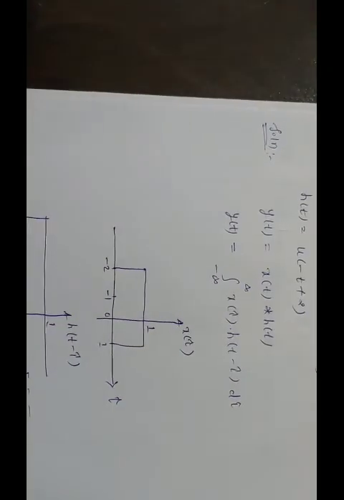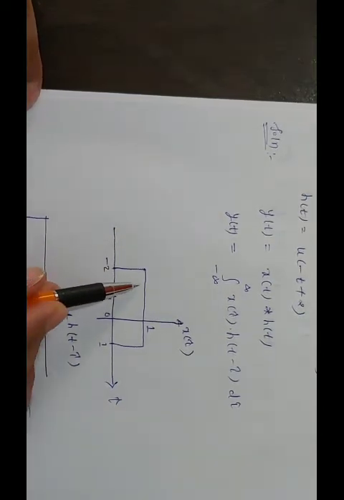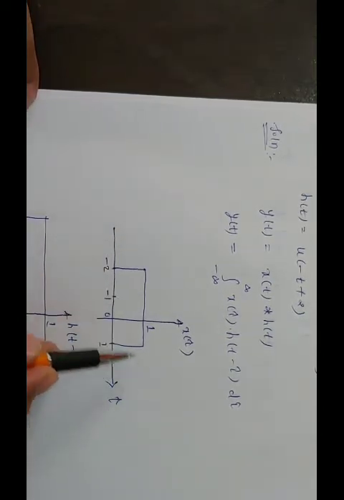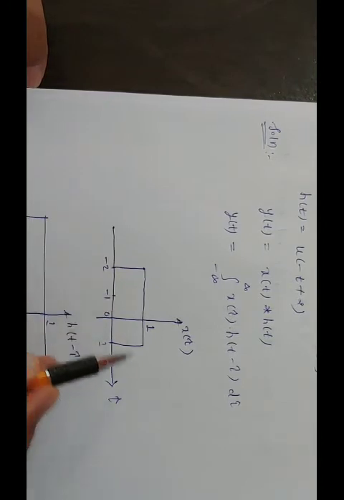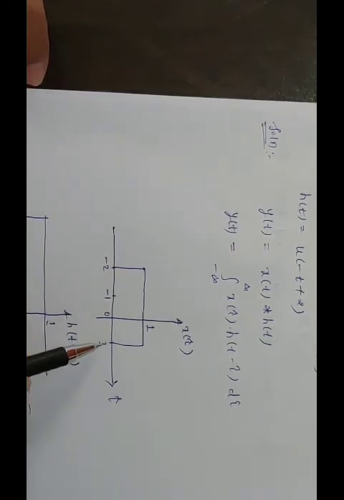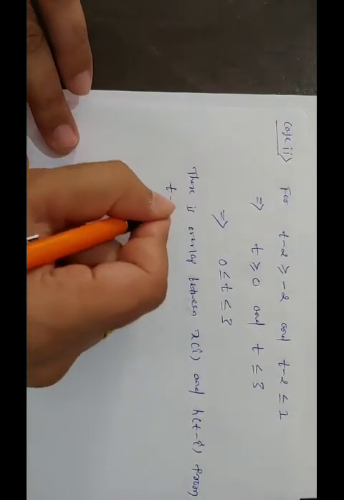Look at here, once your t minus 2 is greater than minus 2, assume that somewhere I have placed here, then the overlapping range becomes t minus 2 to 1. Because I can't place this t minus 2 after 1, as one more condition I have put, this t minus 2 should be less than or equal to 1. Hence the overlapping range becomes t minus 2 to 1.